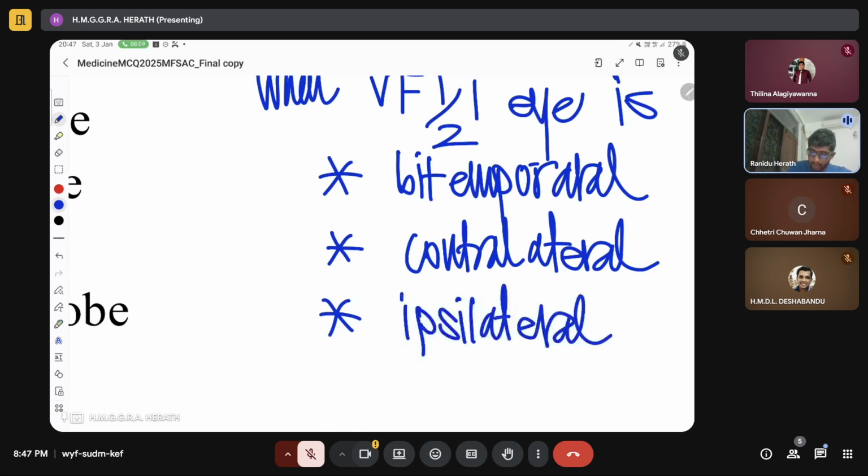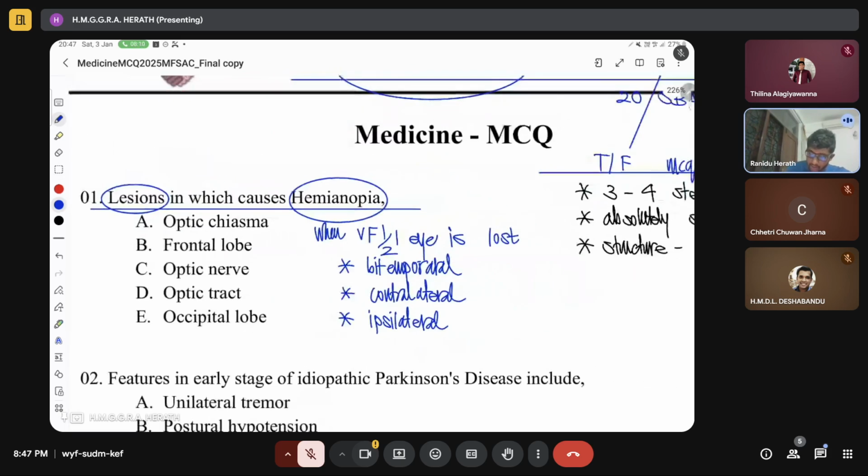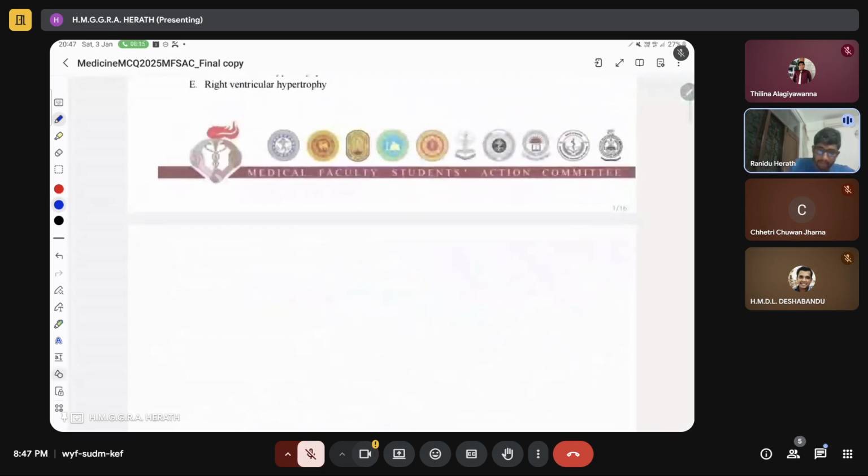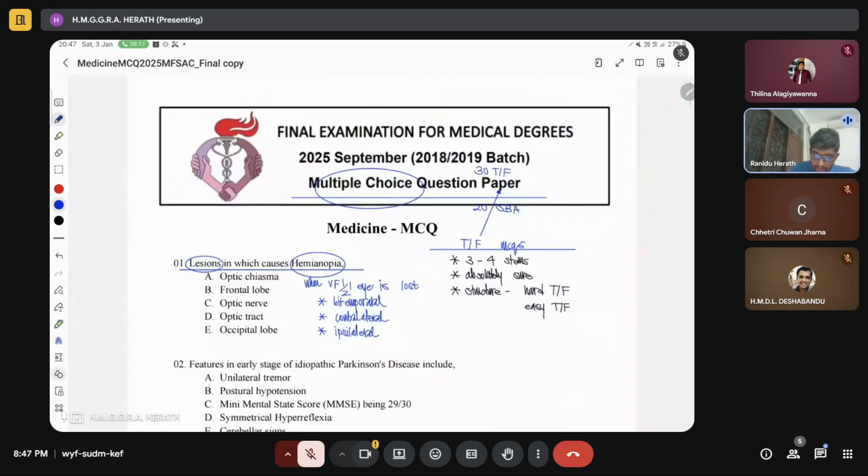So hemianopia comes now. This is essentially testing your knowledge about the neuroanatomy, right? This MCQ is entirely about that.